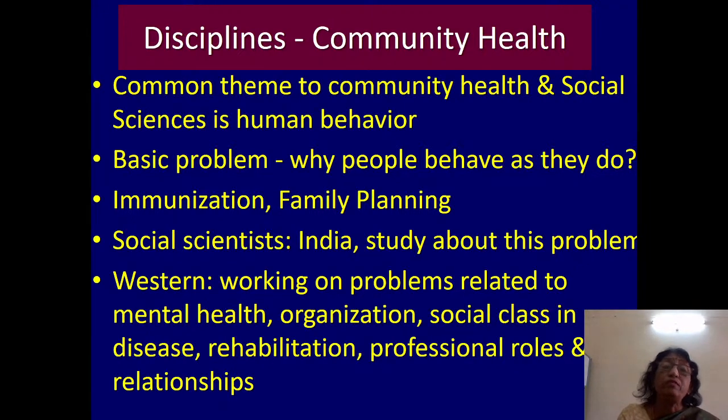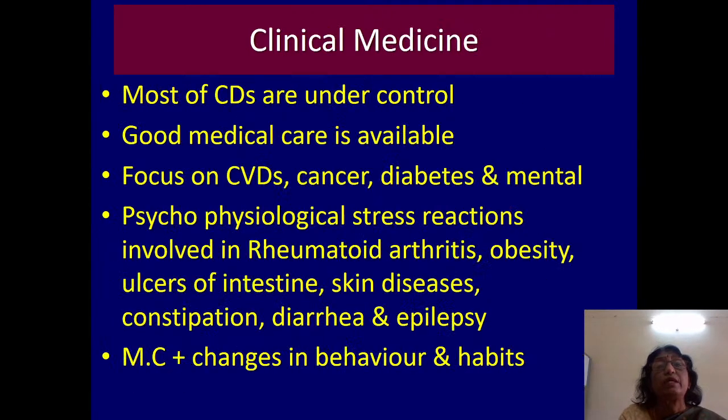In the Western world, they wanted to find out about these because it is their priority. Mental health problem is very high in the Western world compared to India. So Indian social scientists wanted to find out about our problems, and the Western world wanted to do based on their priorities.